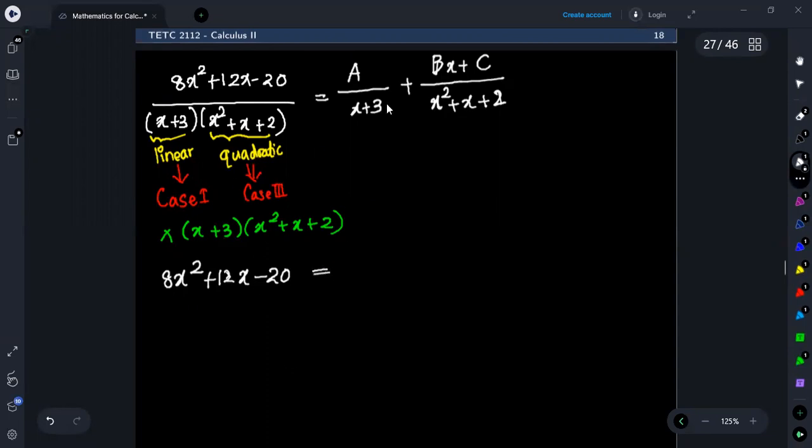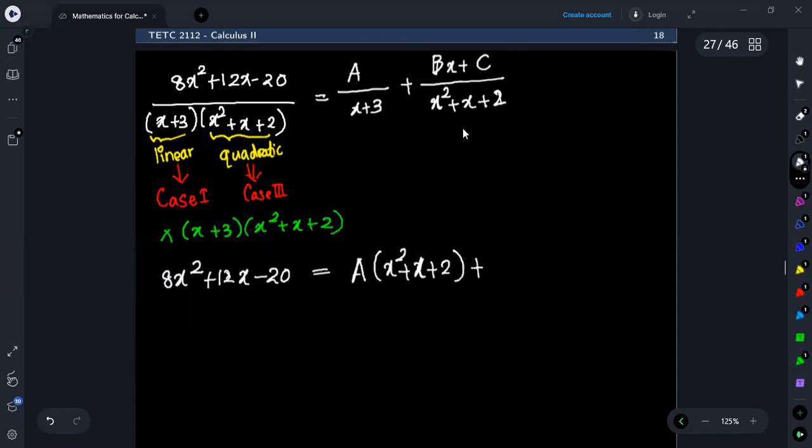If we multiply the first fraction by this, we obtain A times (x squared plus x plus 2).